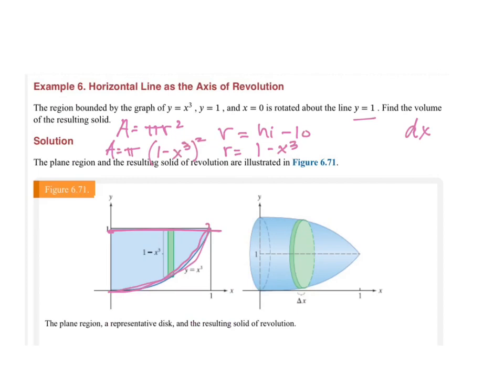Volume is going to be from 0 to 1. And I'm going to pull that pi to the front. And I'm going to have 1 minus x cubed squared dx. Being so careful to not do what? Distribute the 2, right? Sad day.